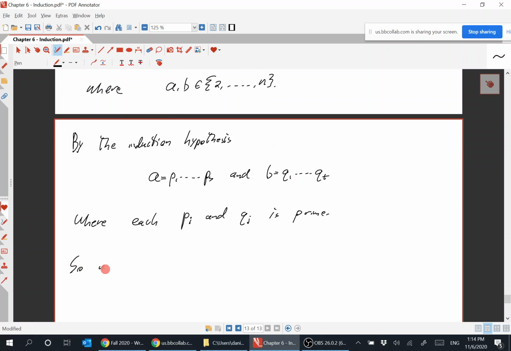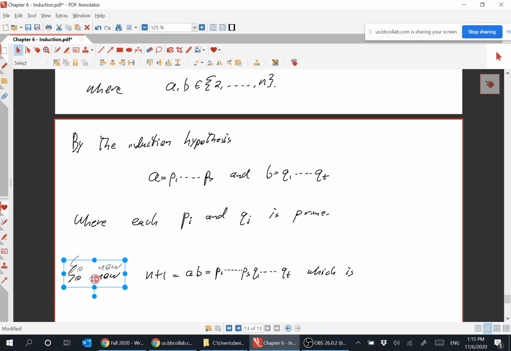So now n plus 1 is equal to a times b, which is P1 through Ps times Q1 through Qt, and all the P's and Q's are primes.